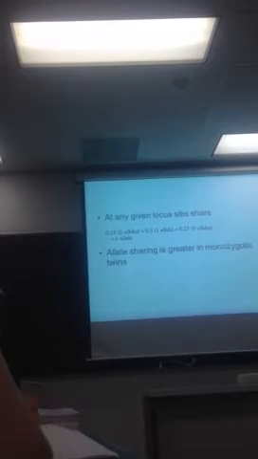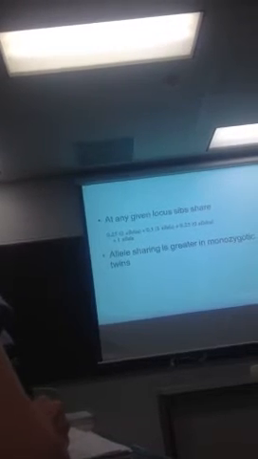But this allele sharing is absolutely greater in monozygotic twins. Wouldn't it be 100%? Wouldn't it be like 100 in monozygotic twins? No, for siblings it will be close to 50. In monozygotic twins, the proportion of alleles common with the proband is 1. That is your question. Okay.